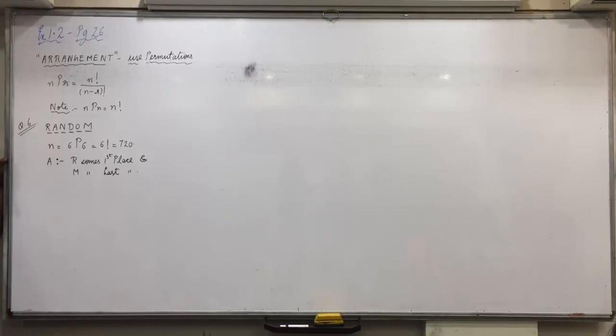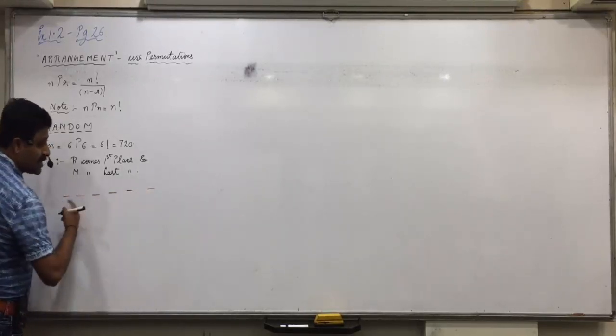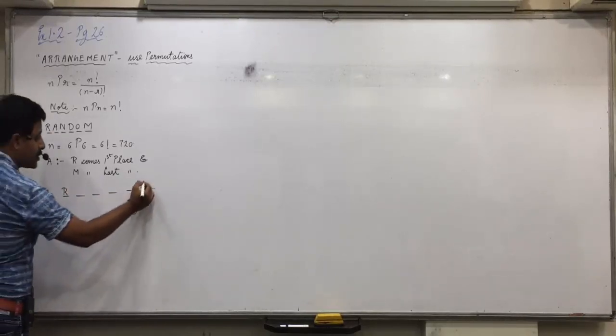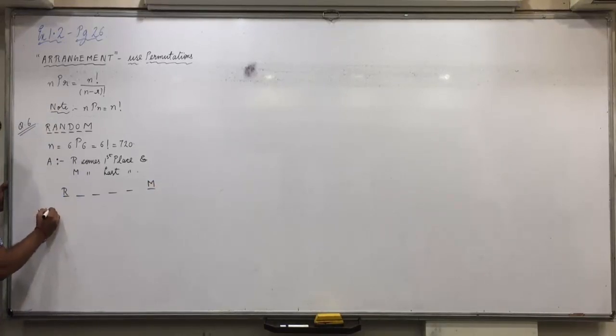Okay, now understand how we will find n of A. This we had done last year also with the names of the days of the week. Tuesday, Wednesday, we used to do T comes first, Y comes last, that way. So R, A, N, D, O, M, 6 letters are there. The condition is R should come first and M should come last. So how would we find n of event A?